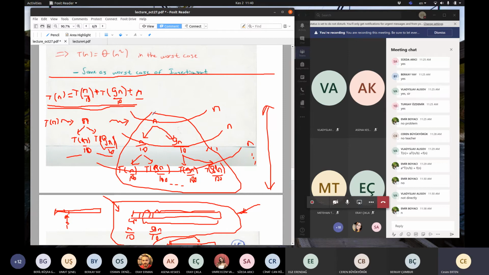In the first level, level 0, we are expanding T of n. Let's call the levels k's. So at level k equals 0, we are expanding T of n. At level k equals 1, we are expanding T of 9n divided by 10.